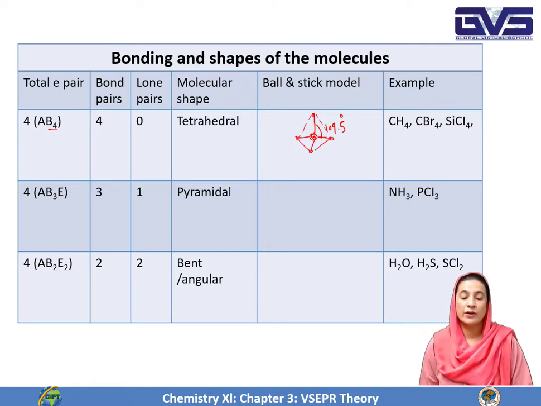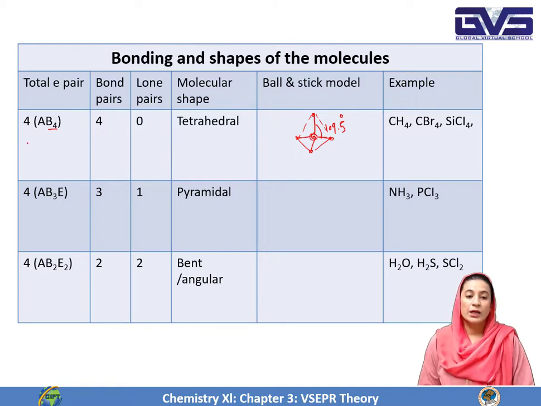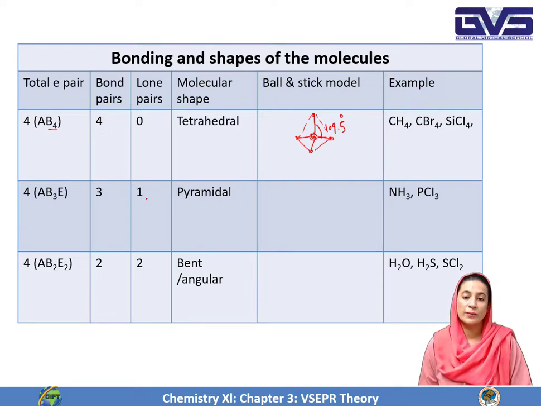with animation and 3D diagrams. Now we have another example, a total of 4 electron pairs, but out of them 3 are bond pairs and 1 is a lone pair. Consider the shape is the same, but now instead of the 4th bond pair this has the lone pair like this.